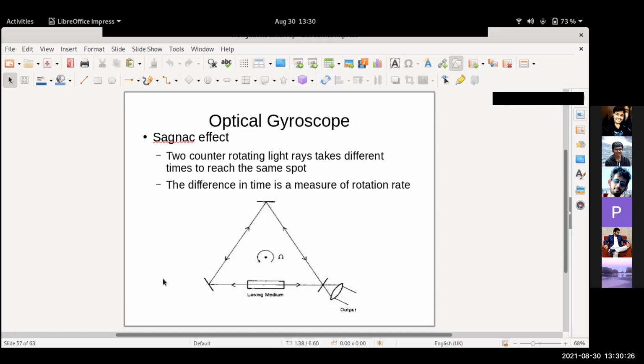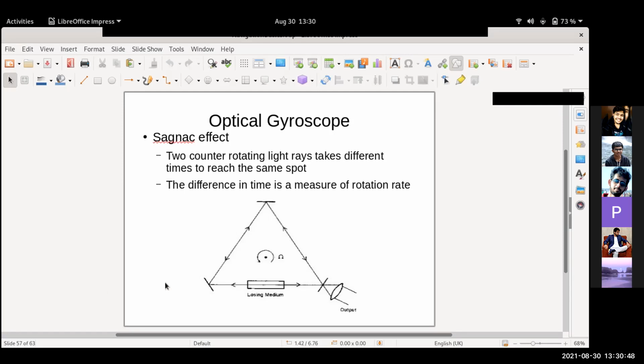So they go around and come back to the same location. When the light reaches back at the same location, you look at the interference pattern. If the interference pattern does not indicate any change, it means that the path length taken by both the light beams is the same. So you won't see any interference pattern there.